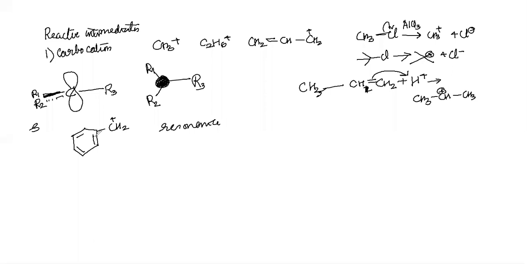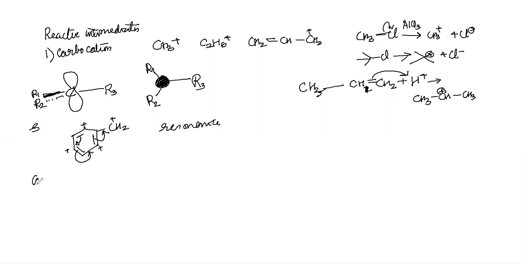Please draw the resonance structures of this. 1, positive comes here. Then 2, positive comes here. 3, positive comes here. So you can write 4 or 5 resonance structures for this. Please draw the resonance structures and explain. Okay, so this is carbocation.